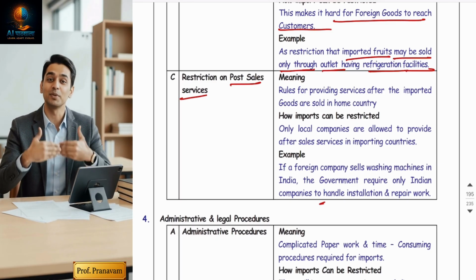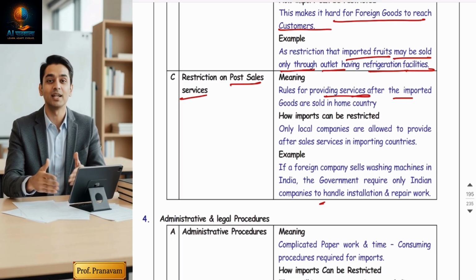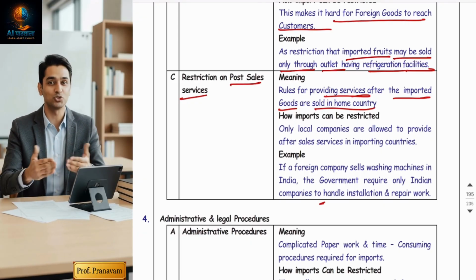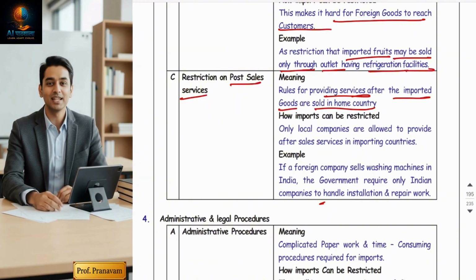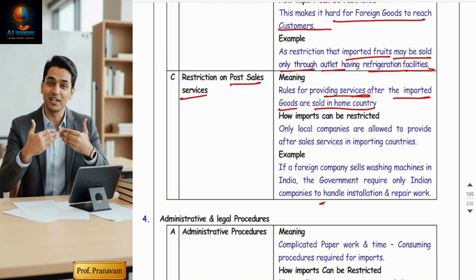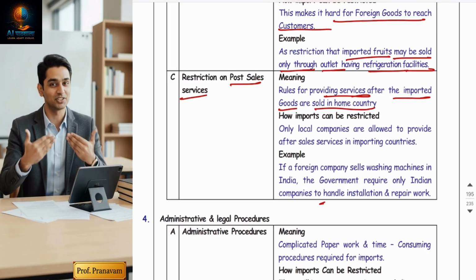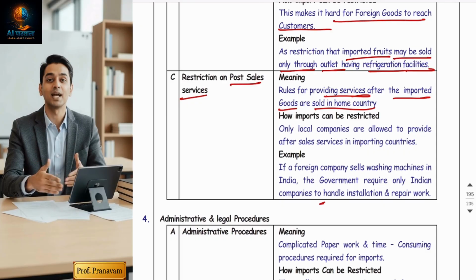Guys, here the government can impose a rule for providing services after the imported goods are sold in the home country. This method will restrict by rules that allow only local companies to provide after sale services. For example, the iPhone: we always import it, the iPhone manufacturing is not there in India. But how has the government imposed the restriction?